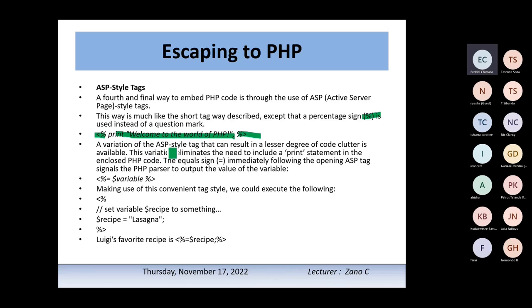So a variation of the ASP style tag that can result in a lesser degree of code clutter is available. This variation eliminates the need to include a print statement in the enclosed PHP code. So the equal sign immediately following the ASP tag signals the PHP parser to output the value of the variable. If you just put this one, then it will print the value of the variable, like we are echoing something. So making use of the convenient tag style, we could execute the following, like this one.